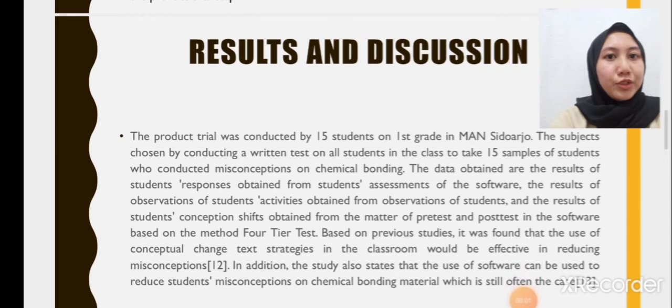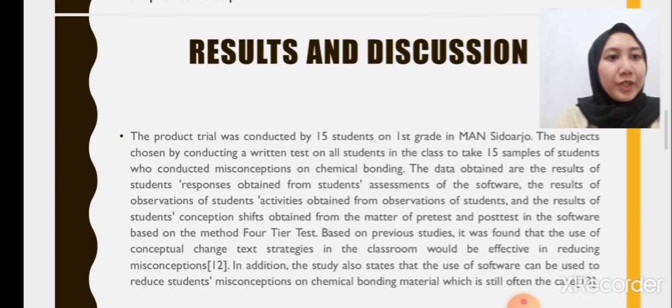Results and discussion. The product trial was conducted by 15 first grade students in Sidoarjo. The subjects were chosen by conducting a written test on all students in the class to take 15 samples of students who had misconception on chemical bonding.